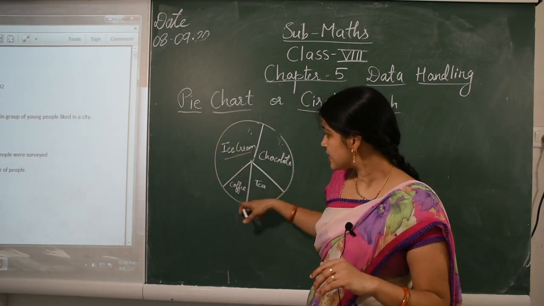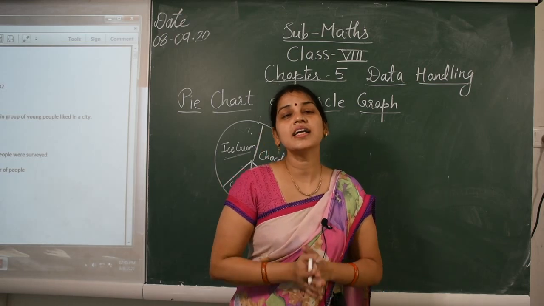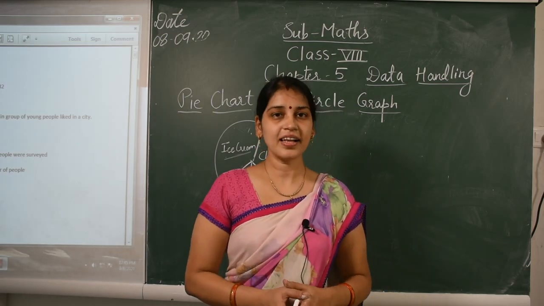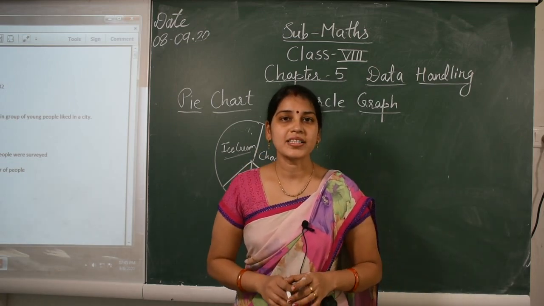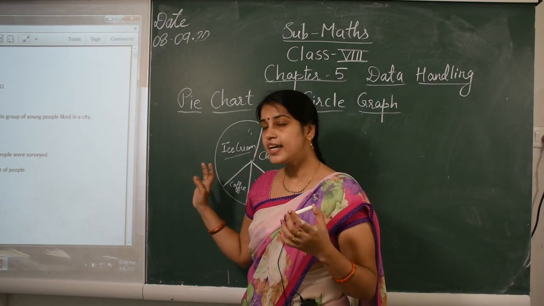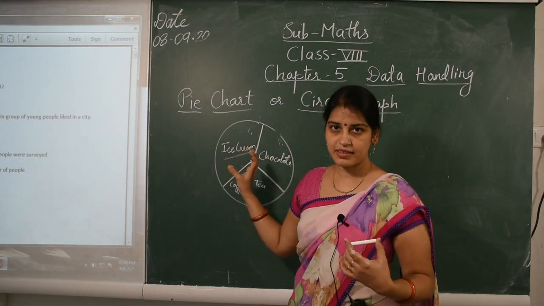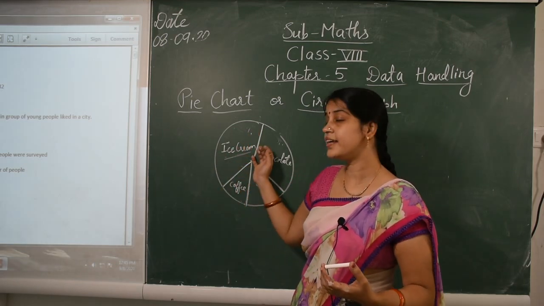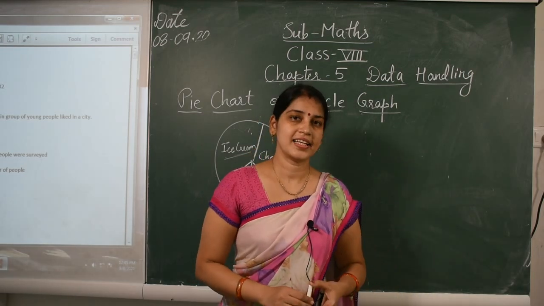So this is the type of pie chart, and this pie chart is also known as circle graph. From this circle graph or pie chart we can easily understand, only by examining the pie chart, which proportion is more or which proportion is less.